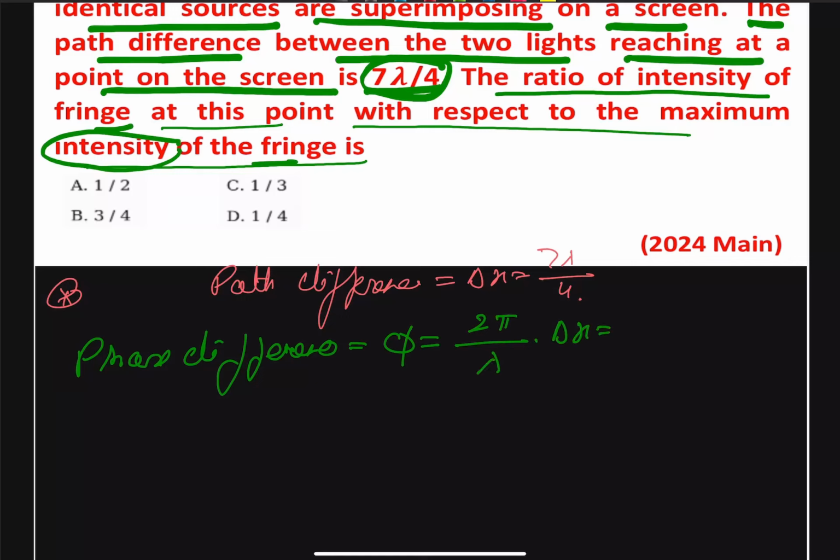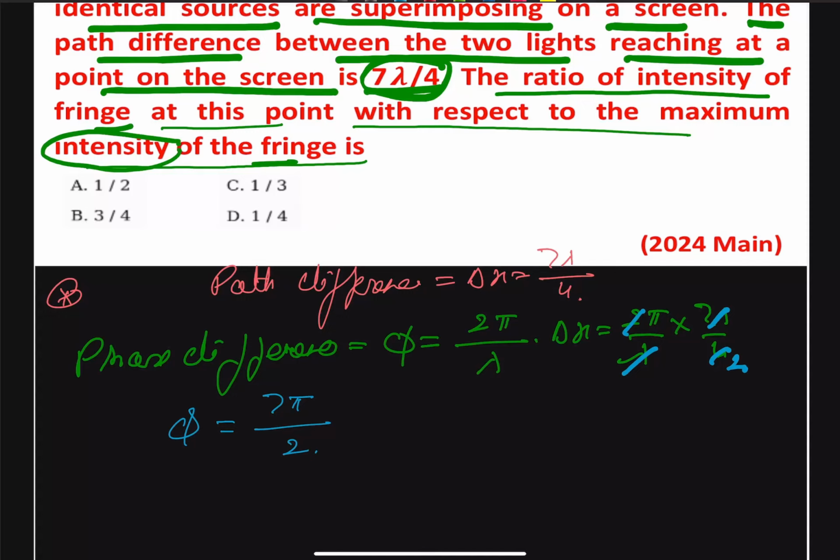So we substitute the value: 2 pi by lambda multiplied by 7 lambda by 4. Lambda and lambda cancel, and this goes by 2. So we are left with the phase difference phi equal to 7 pi by 2.